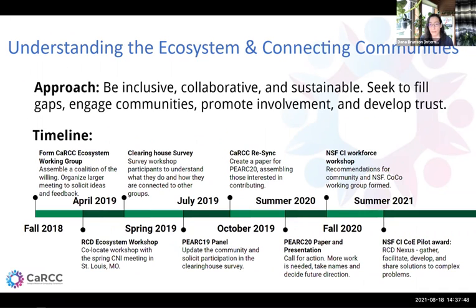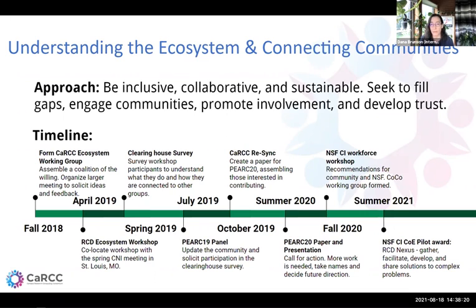So early on in the fall of 2018, going into April of 2019, we decided to have an ecosystem workshop wherein we invited all those groups you saw on the previous page to get together and talk about what would be the greatest benefit if we were all to build some sort of community of communities and connect with each other, recognizing everybody's unique identity along with our shared identity in all of these.